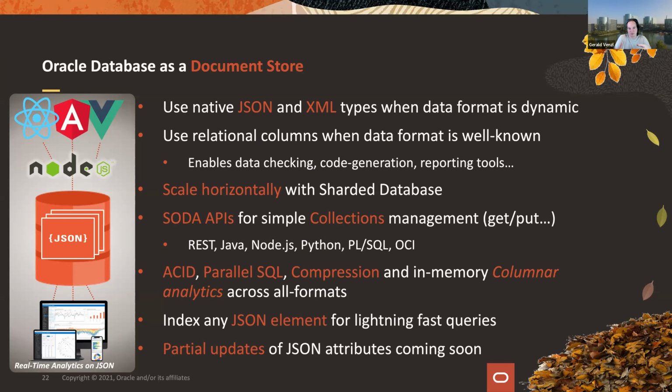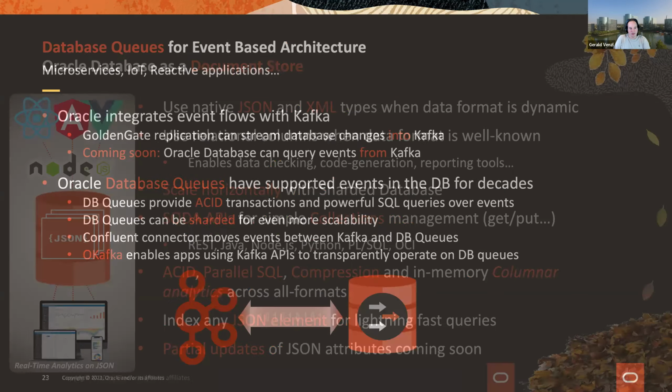So you get the best of both worlds. You can store it natively and retrieve it as a document store, or you can store JSON data, query it, create views on top of it, even insert JSON data as if it were relational data. It doesn't matter, whatever your use case, whatever is the right tool for the right job.